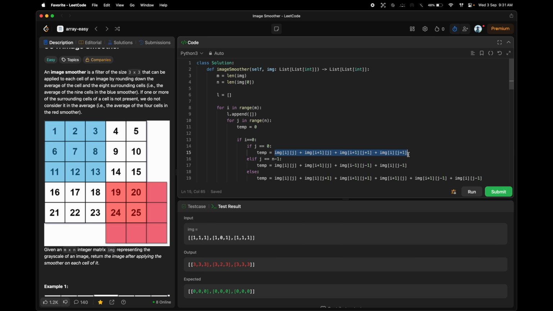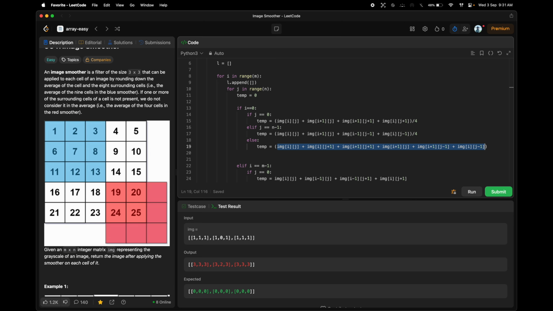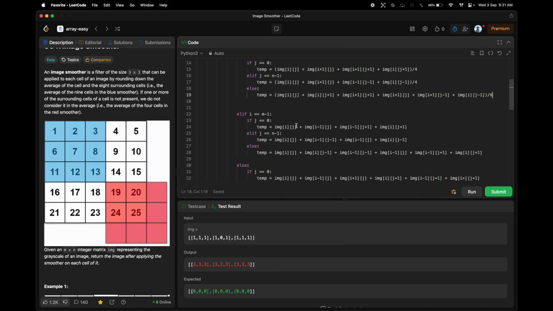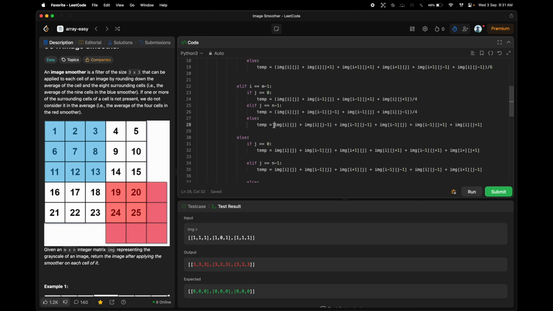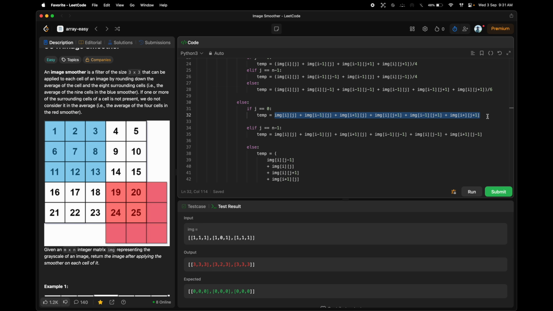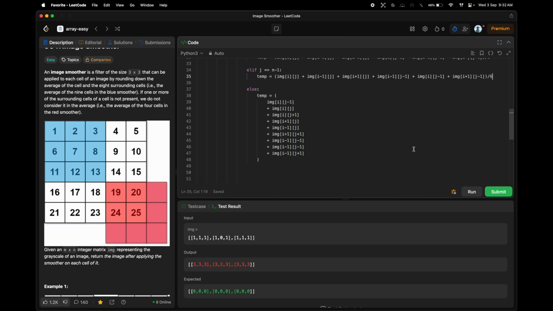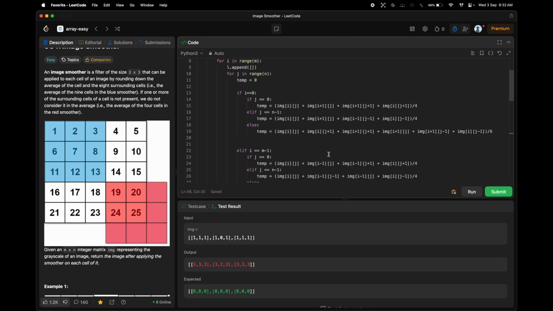I needed to divide them by 4 because corners are divided by 4, edges are divided by 6. Oh, 6. Okay, I think all set.